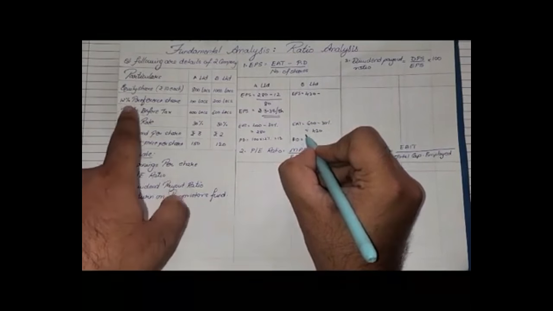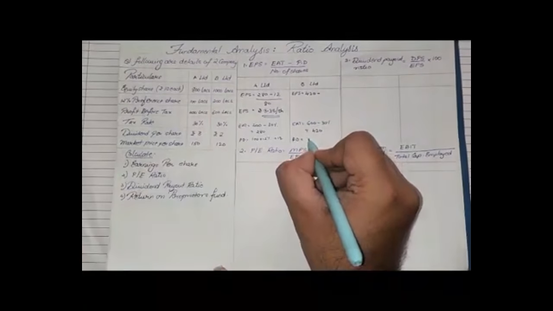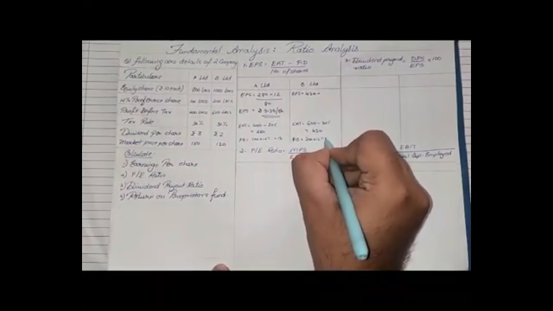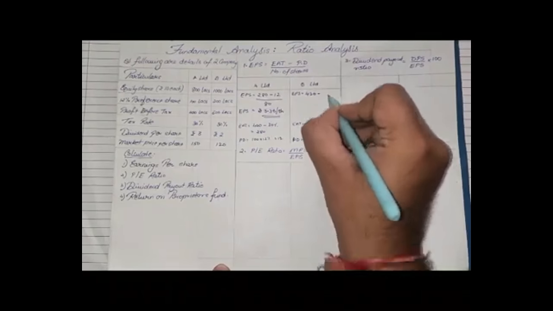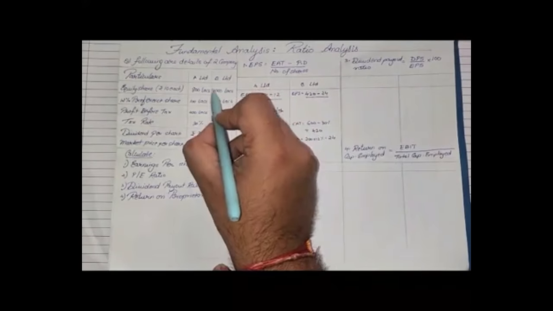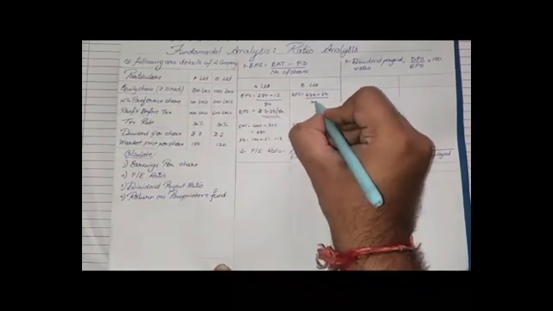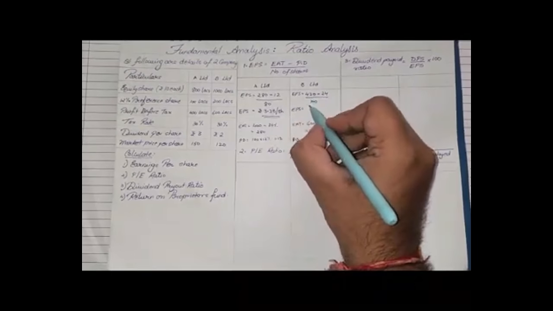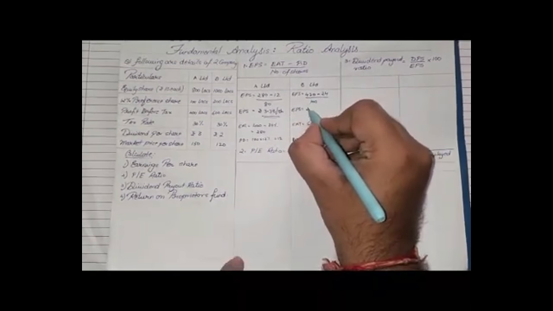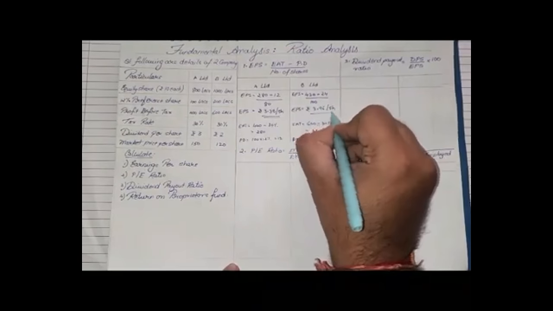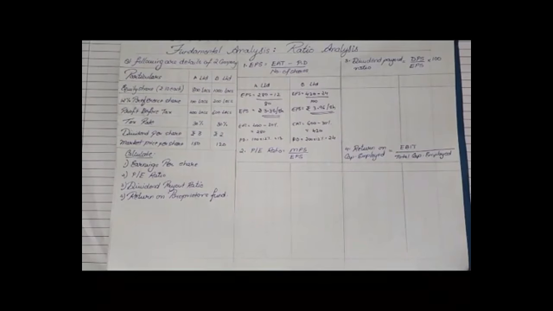Again it will be 12% of the value, so 200 into 12%, which comes to 24. So minus 24 divided by the number of shares, 1000 divided by 10 comes to 100. So our earning per share for B Limited will be 420 minus 24 divided by 100, which comes to rupees 3.96 per share. So our earning per share is rupees 3.96 for B Limited.